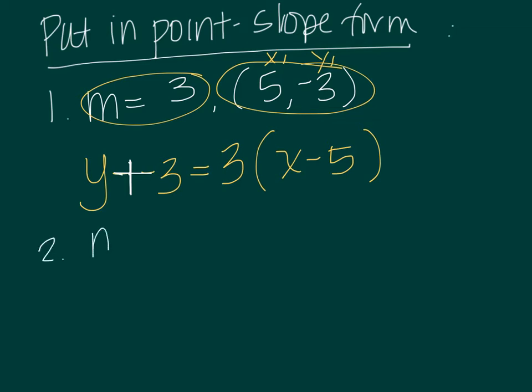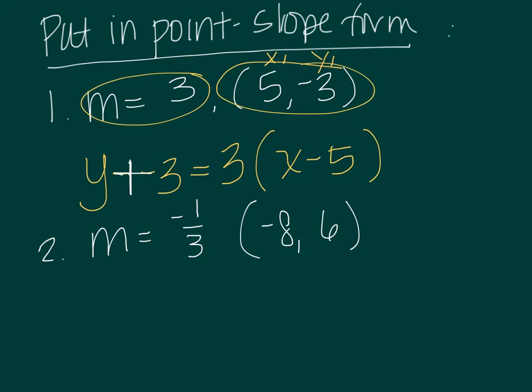Let's try another one. If I give you the slope of negative 1/3 and the point negative 8, comma, 6, I would like for you to go ahead and try to put that into point slope form.